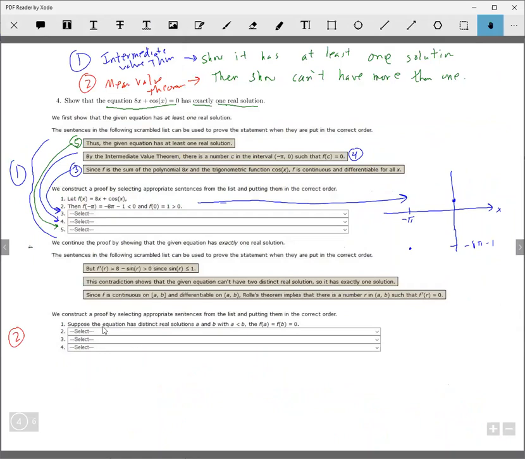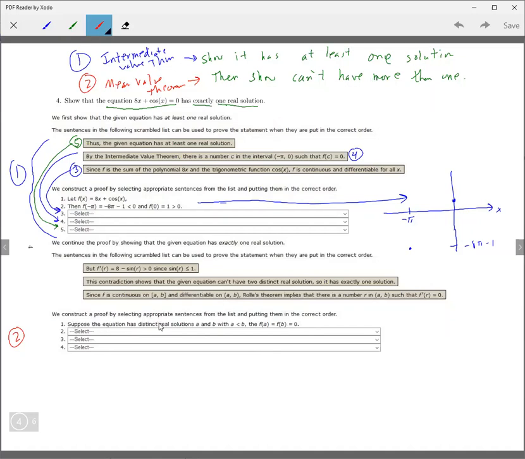And maybe this part will hit that through better. So here we go. Suppose the equation has distinct real solutions a and b with a less than b, and f of a equals f of b equals 0. Here they're going to show that it can't have more than one solution.